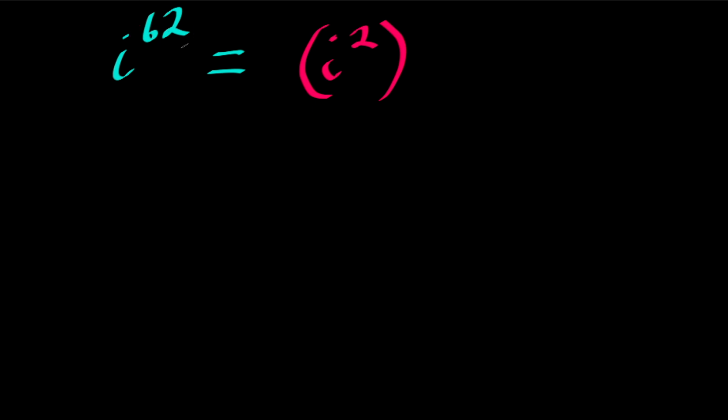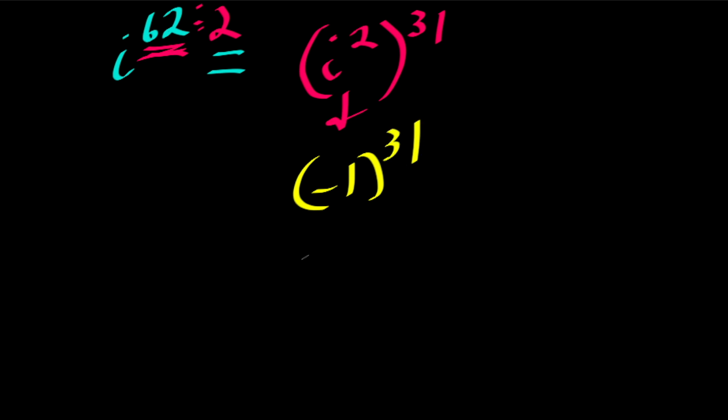Once again, a simple way you can do this is to just divide this number by 2, and that's the number you're going to raise i squared to, which would be 31. Because if you think about it, i squared to the 31st, we multiply the 2 and 31, and that would give me back 62. So now I can replace i squared with -1, and -1 to the 31st power, since this is odd, is just going to become -1. So that would be how I do this.